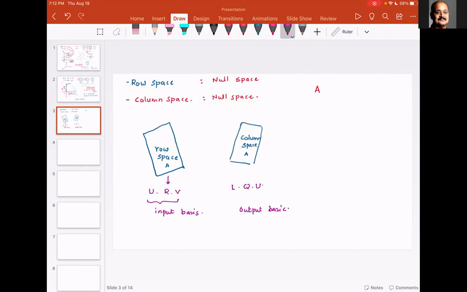Now, a key concept which I want to talk about is again what I said about linear independence. So I'm going to explain that with a problem.